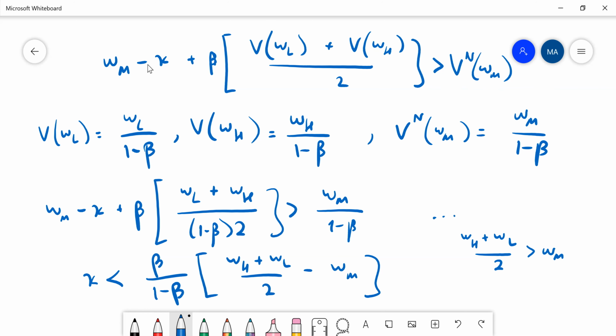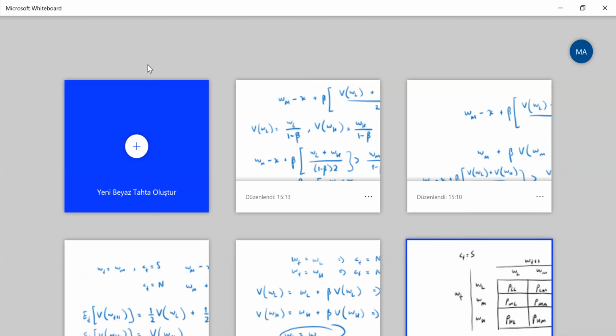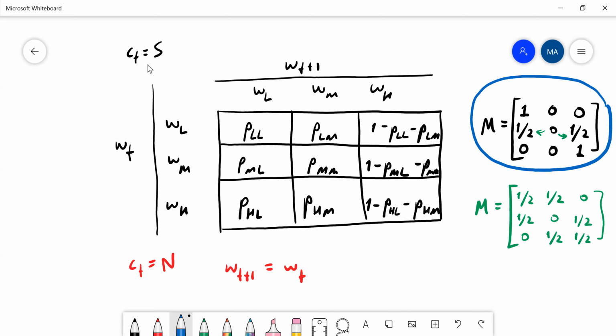Now, the other version of the problem, where you have this transition probability matrix, the solution is much more difficult. I'm not sure, perhaps you cannot find the analytical solution, but try to work on this with the same logic.